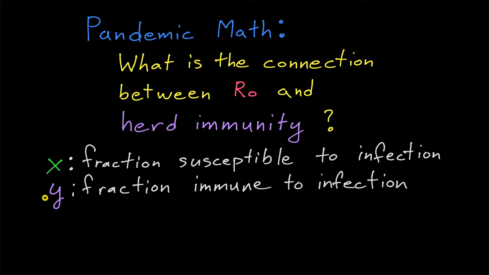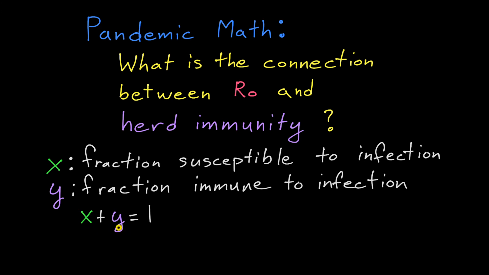Okay, so now that we've defined X and Y, how are X and Y related? Well, it must be true that X plus Y is equal to 1. Why? Well, X is just the fraction that is susceptible to infection. So X is the fraction of the population that can be infected.